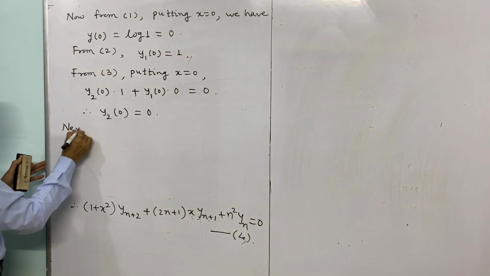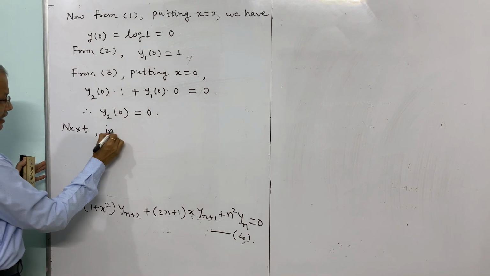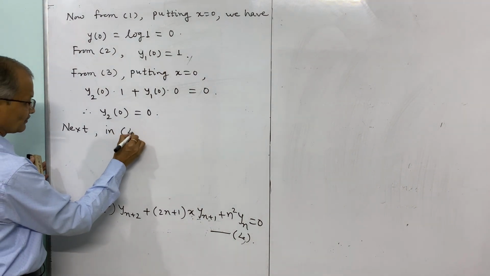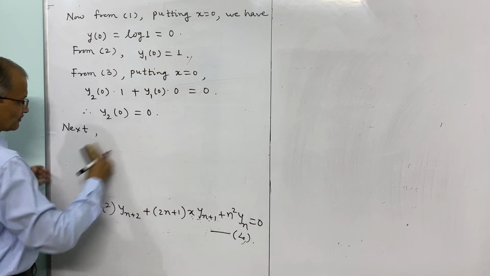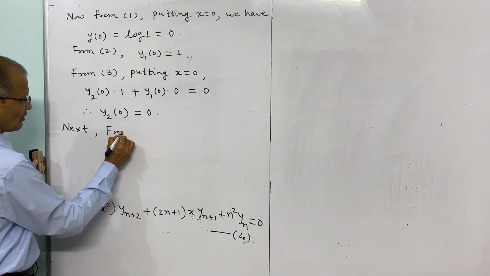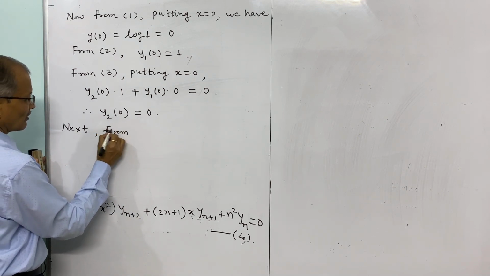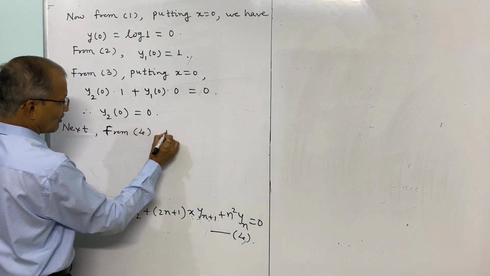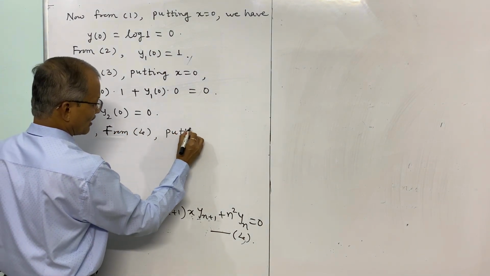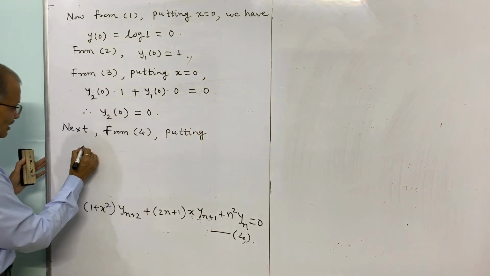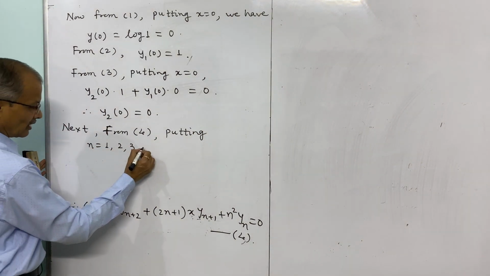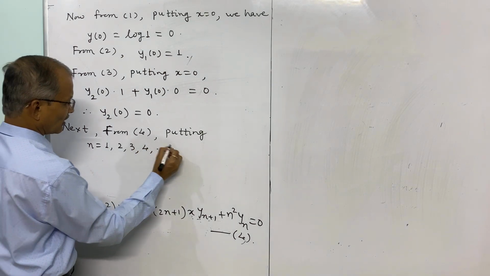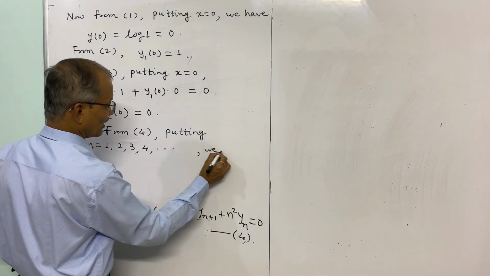From 4 we can write, putting n is equal to 1, 2, 3, 4, etc. we get.